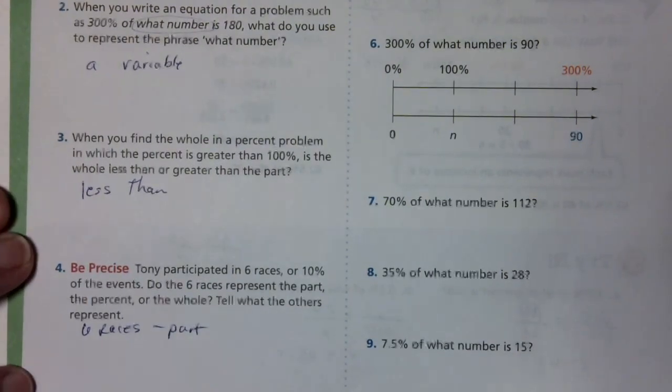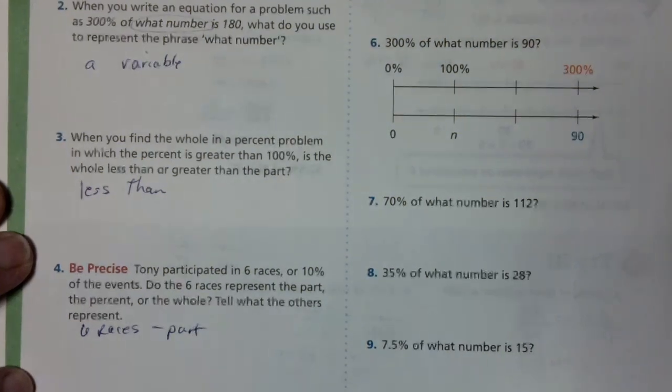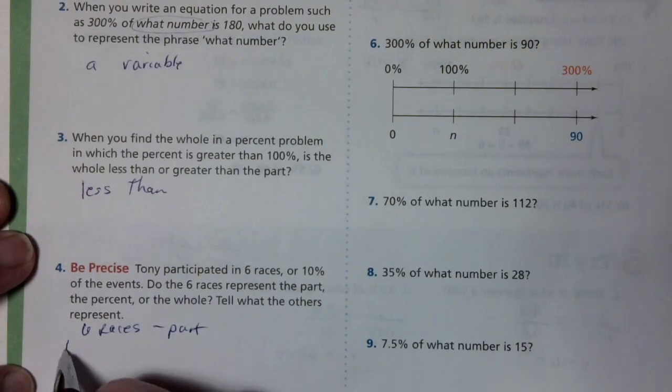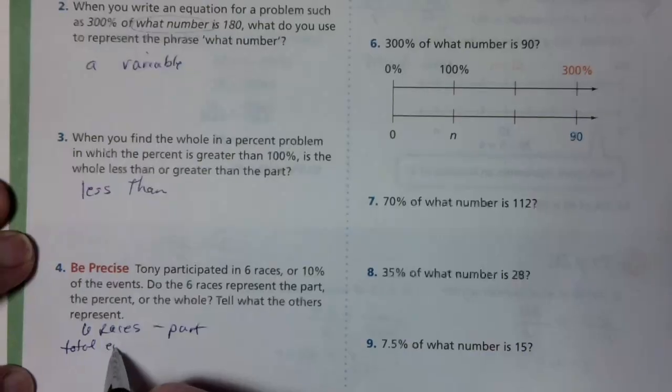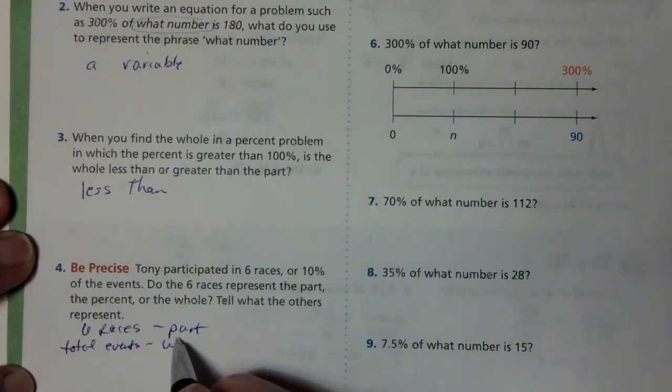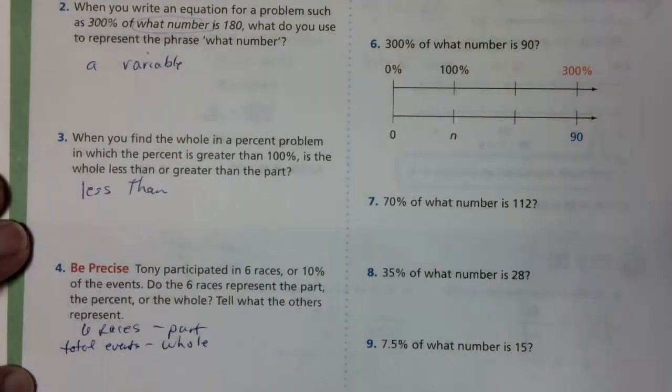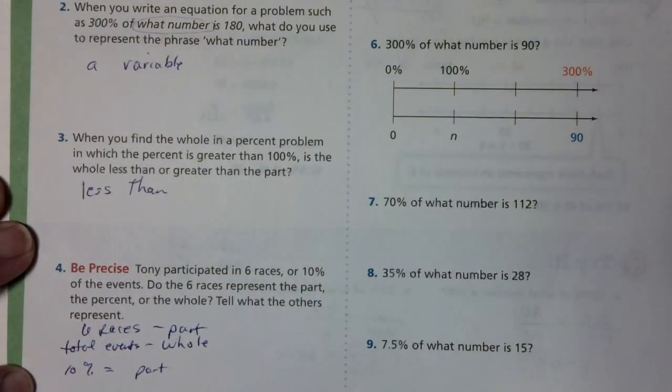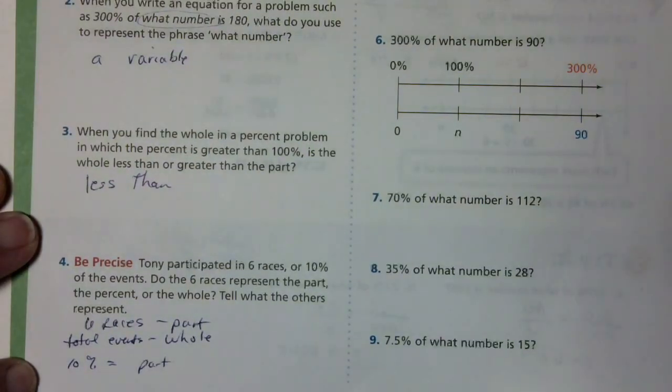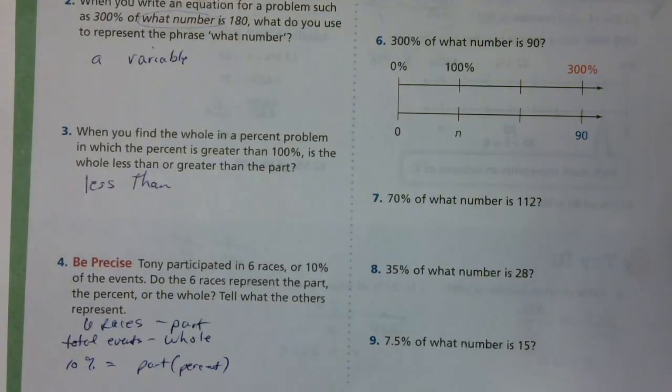The total events is a whole. And the 10% is a part. It's the percent part.